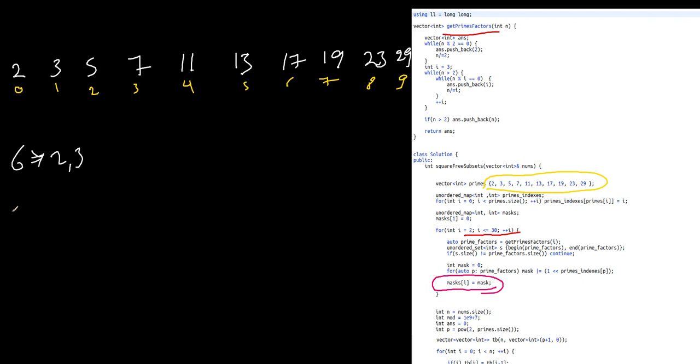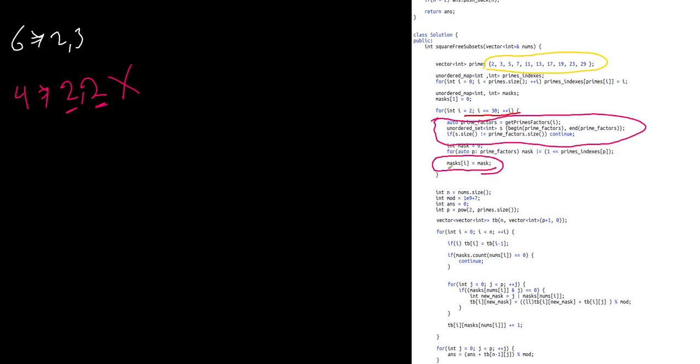Notice that for a number like 4 we have prime factors like 2, 2, so there is a duplicate, and this number cannot be part of any square free subset, so we exclude this number using this code. So masks of i equal mask. Now this is a dictionary that maps every number into a mask.